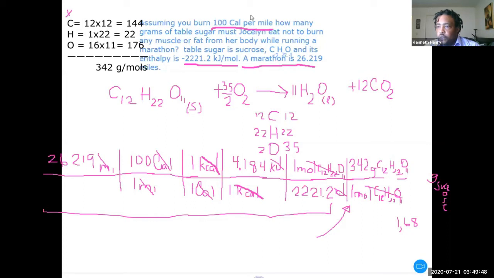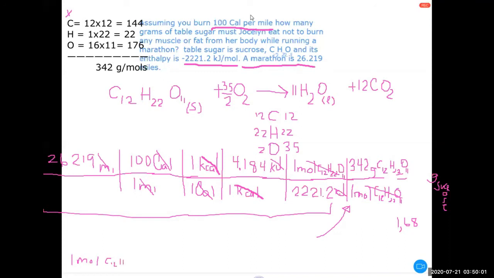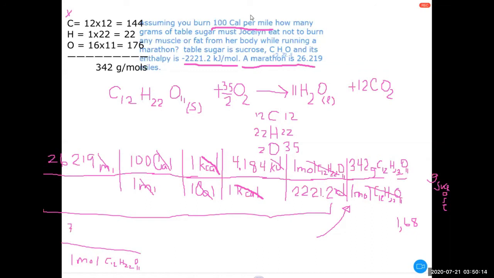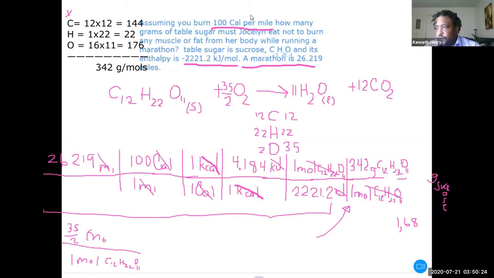So you'd go 1 mole of C12H22O11 over 35 over 2 moles of O2.